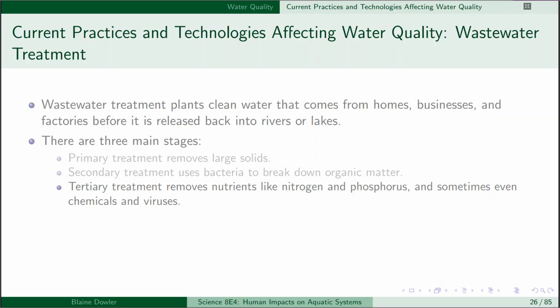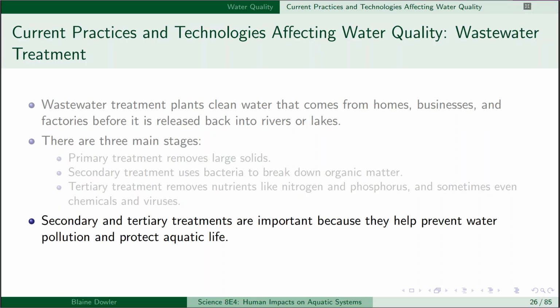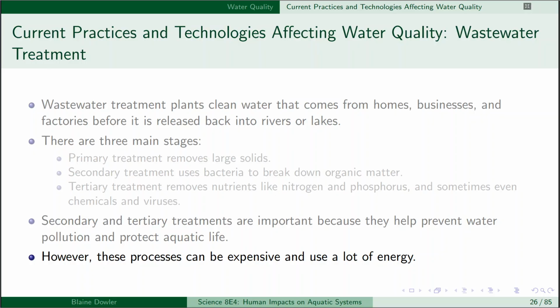Tertiary treatment removes nutrients like nitrogen and phosphorus, and sometimes even chemicals and viruses. Secondary and tertiary treatments are important because they help prevent water pollution and protect aquatic life. However, these processes can be expensive and use a lot of energy.